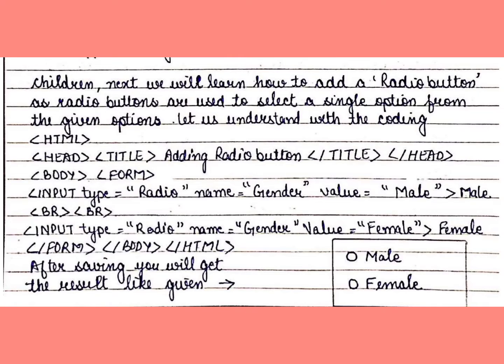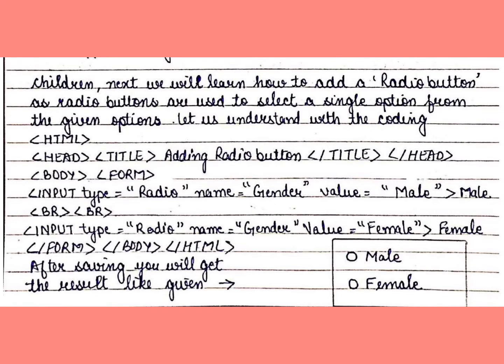Then use input type is equal to radio, name is equal to gender, value is equal to female. Close all the tags and after saving you will get the result like 2 radio buttons appearing on your screen, one with male option, other with the female option.